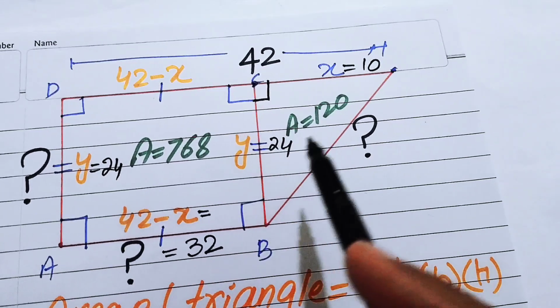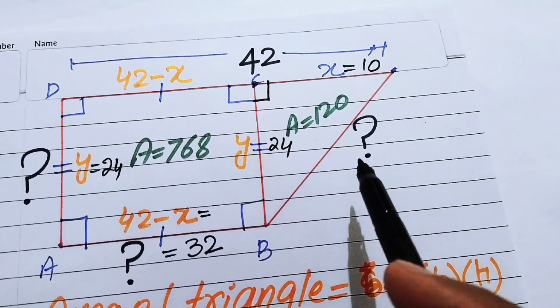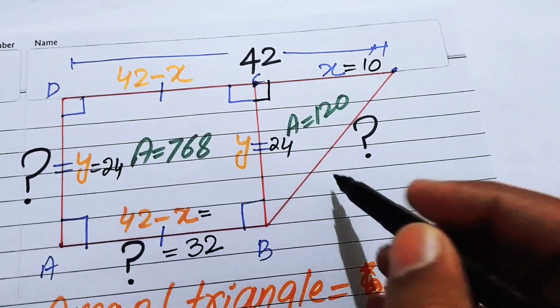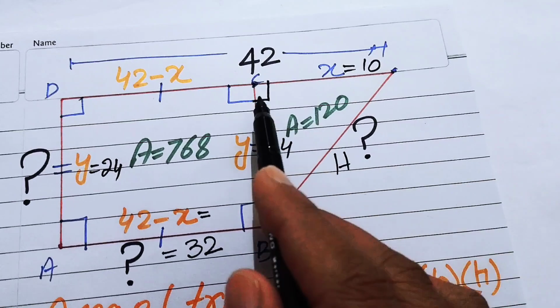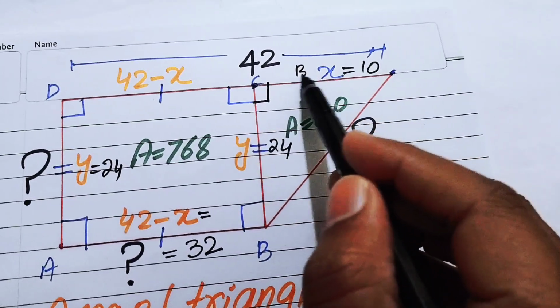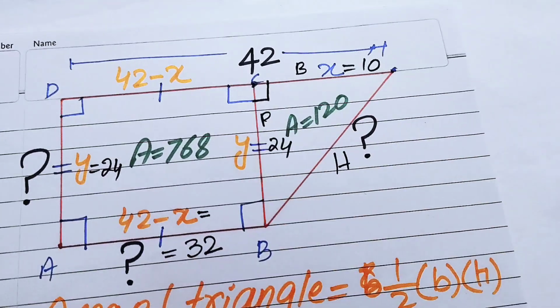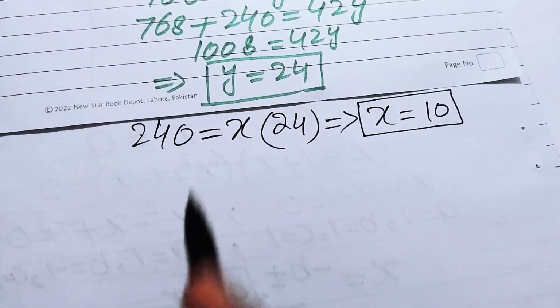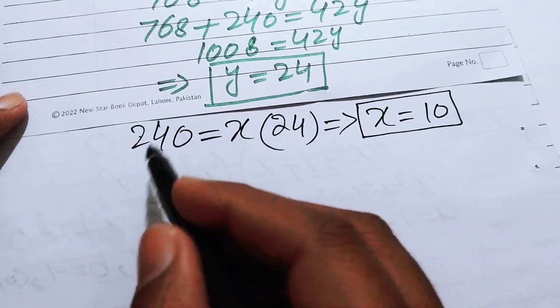This side is the hypotenuse, because it is opposite the right angle, and this side length is the base and this side length is the perpendicular.